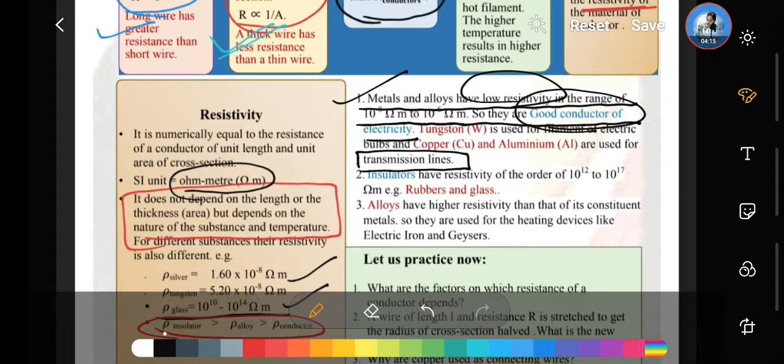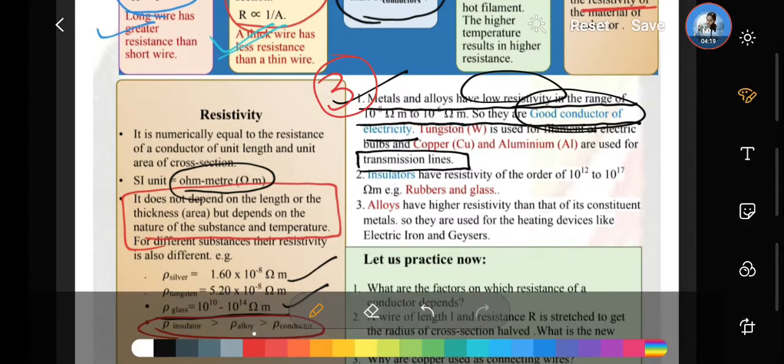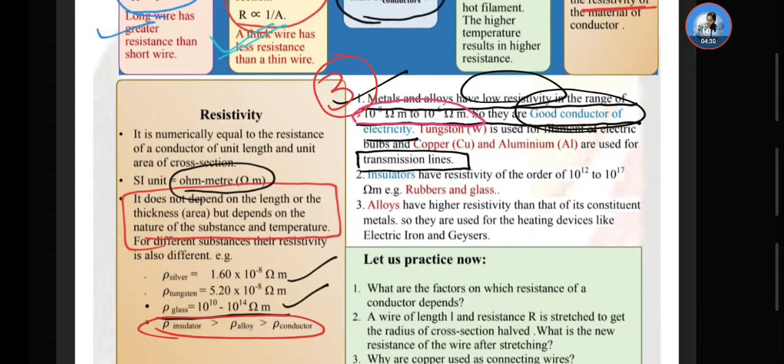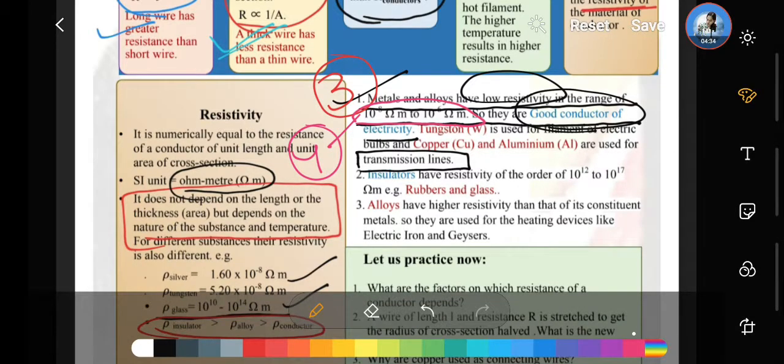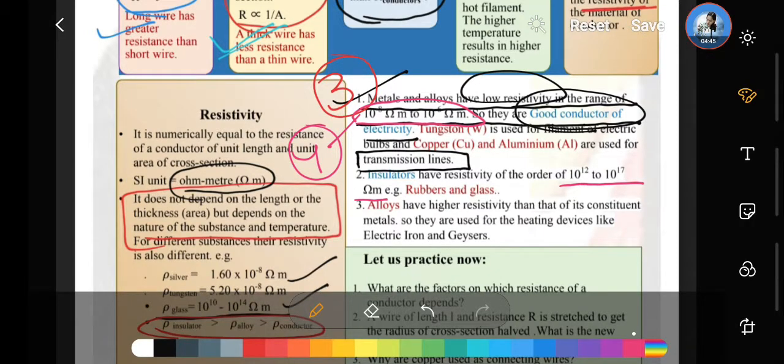This is the answer of your third question, why transmission lines are made of copper. Fourth question: what is the range of the conductor? 10 raised to power minus 8 ohm meter to 10 raised to power minus 6 ohm meter. Next, insulators have resistivity of the order 10 raised to power 12 to 10 raised to power 17 ohm meter, for example rubber and glass.